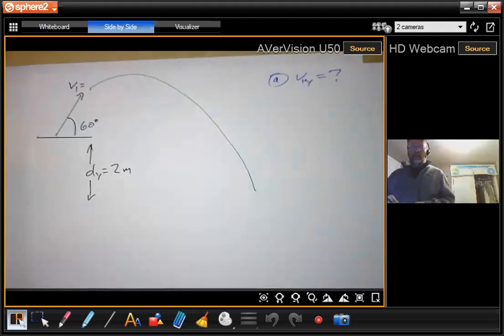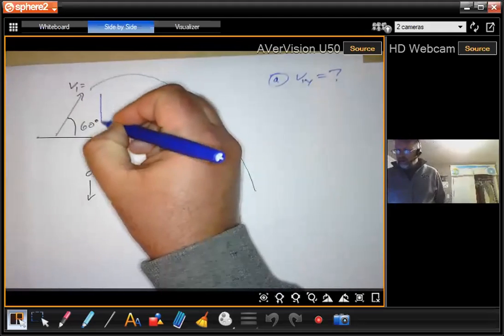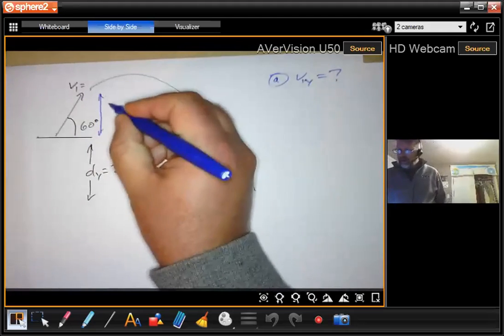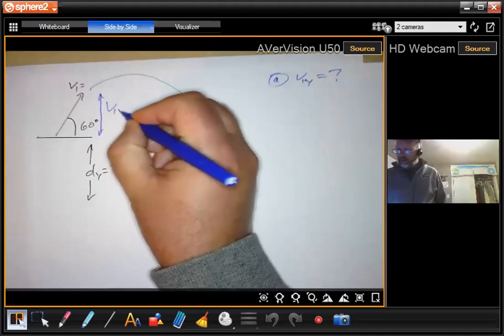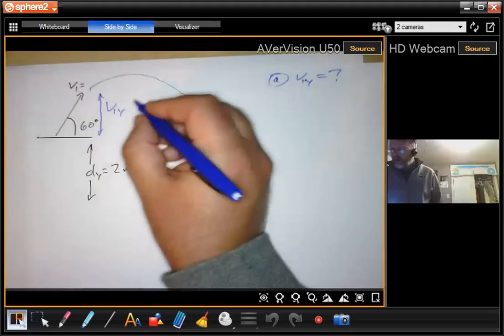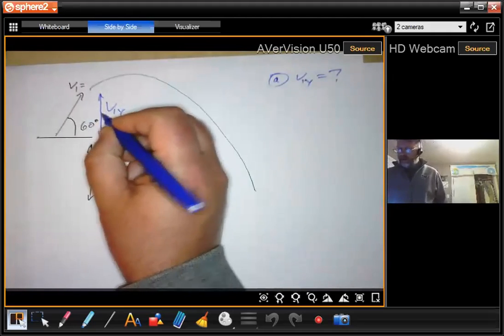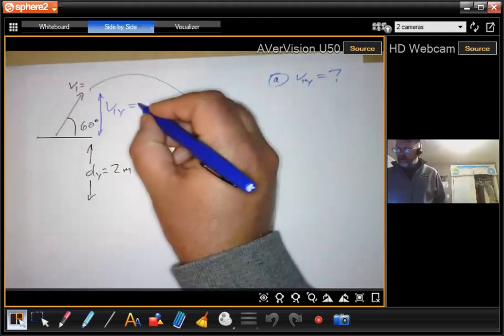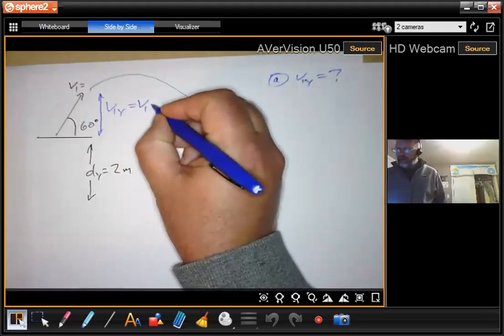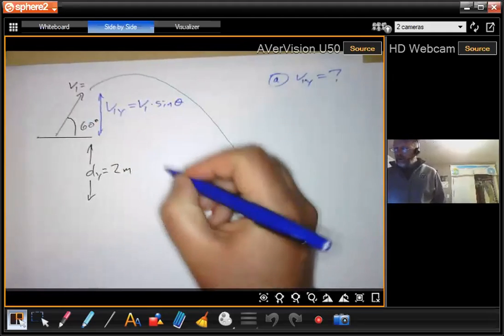So what we can do is we can take this triangle and just break it apart and look at that part over here. When we do that, that is opposite the angle. So SOHCAHTOA tells us that we're going to have to do our hypotenuse times the sine of theta.